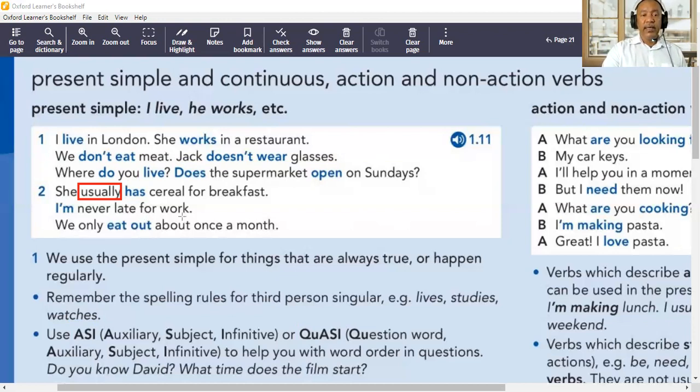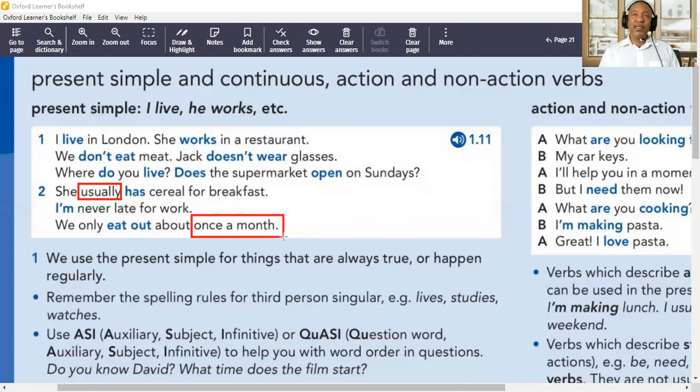And when we speak about those expressions of frequency, we use them all at the end of the statement. Okay, so we only eat out about once a month. Okay, once a month, twice a week, every day, every night, every month, etc. So you use these expressions at the end.